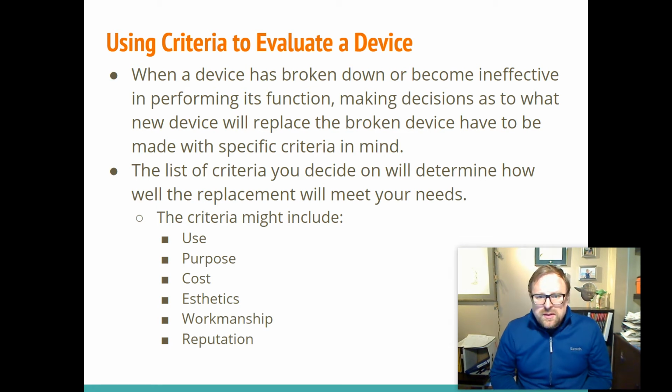One of the things that's a big one that plays into a lot of devices is what are the aesthetics of it? What does it look like? I think a great example of this is a minivan. People hate minivans. A lot of people hate them because they perceive them to look ugly, or they have some sort of a stigma attached to them. Yet they are extremely useful machines.